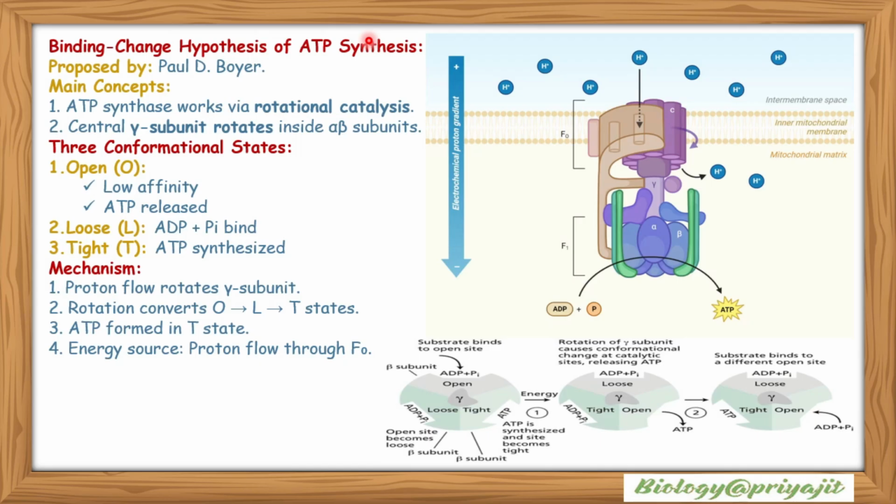Each full 360-degree rotation of the gamma subunit results in the synthesis and release of 3 ATP molecules, one per beta subunit. So in the mechanism, proton flow rotates the gamma subunit, and rotation converts O to L and L to T state, and then ATP is formed in the T state. The energy source is the proton flow through F0.